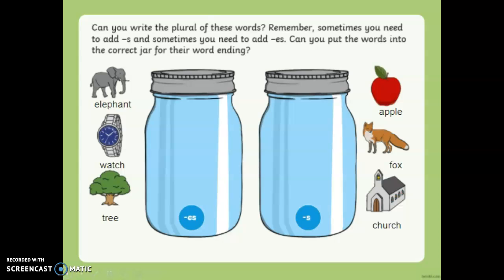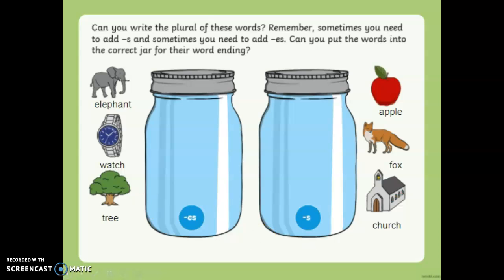Now remember, sometimes you need to add S and sometimes you need to add ES. Can you put the words into the correct jar for their word endings? So you've got elephant, watch, tree, apple, fox and church. Make all of those nouns into plurals by adding ES or S. So pause the video and do that activity.